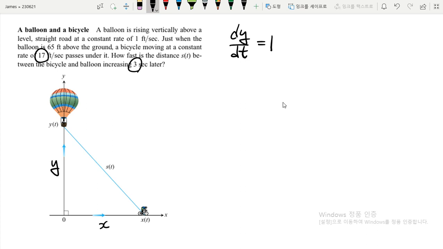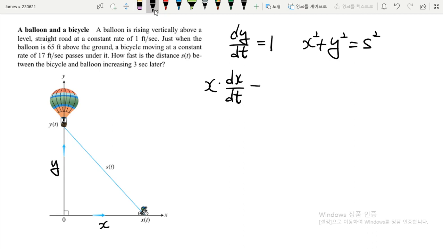So let's first make the Pythagorean equation. And if we differentiate this, I already canceled these twos. Okay, so x is 51.